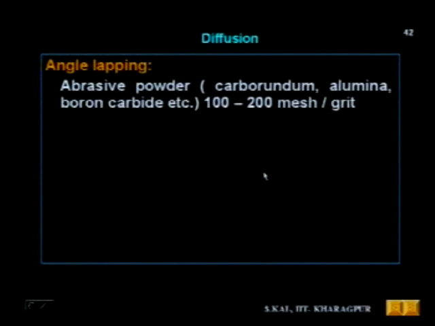Angle lapping is done using some abrasive powder, and these abrasive powders are carborundum, alumina, boron carbide, etc. And these granules or powders are of size 100 to 200 mesh per grit. This is one unit of the granule size of this particular powder.